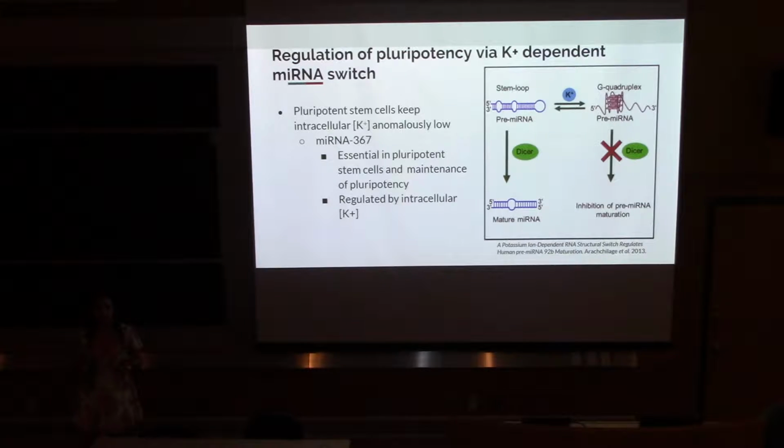So what does this mean? It means that when potassium concentration is high in the cell, the pre-mRNA structure will equilibrate to the G-quadruplex structure, preventing effective dicer enzyme processing, and thus inhibiting pre-mRNA maturation, which is so essential to pluripotency.